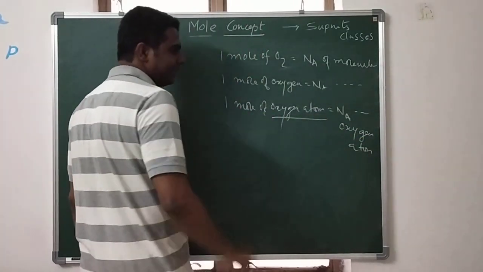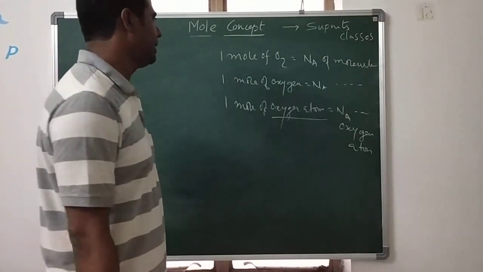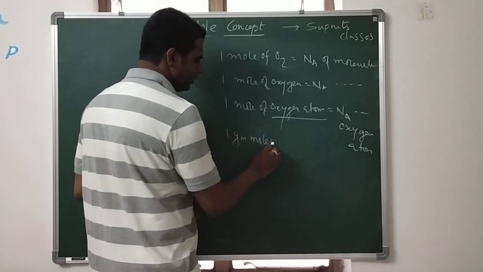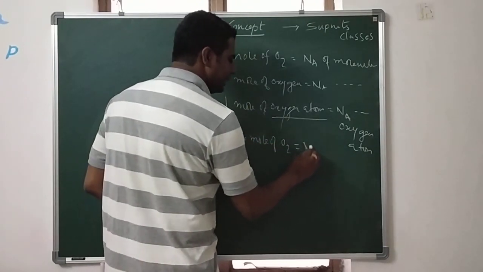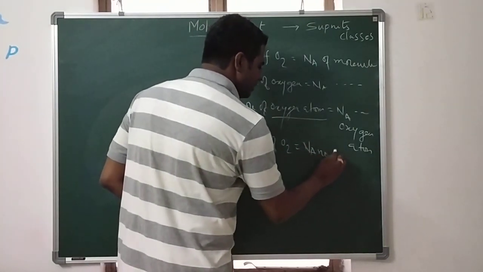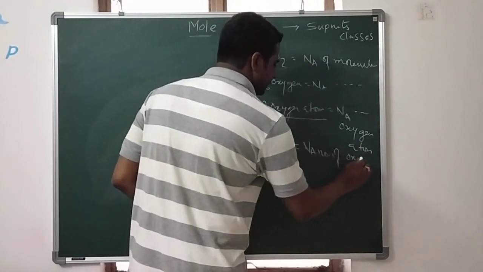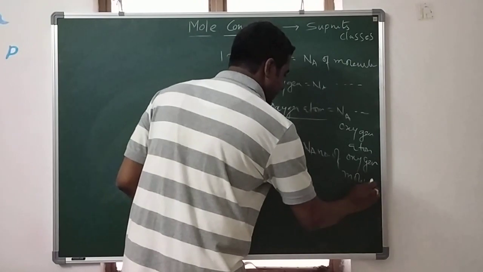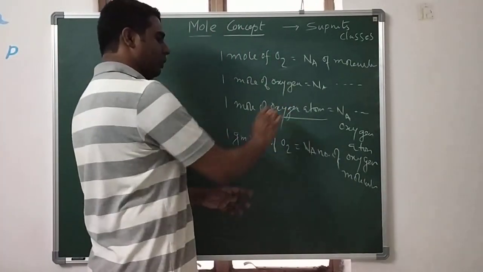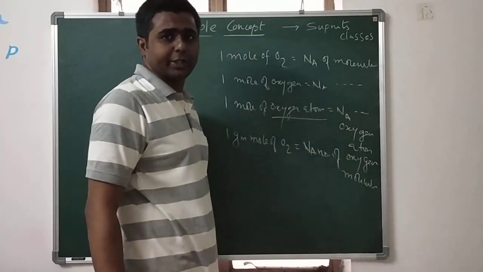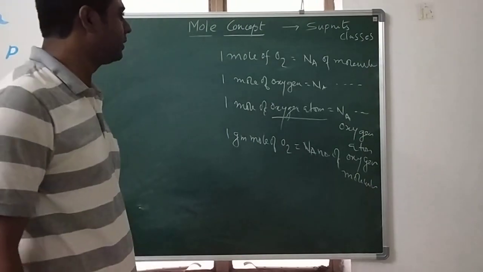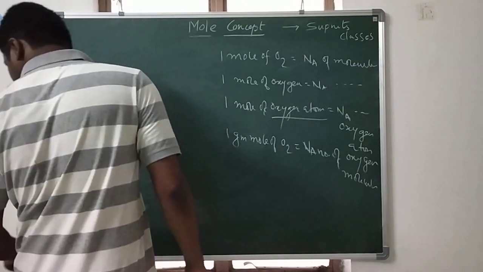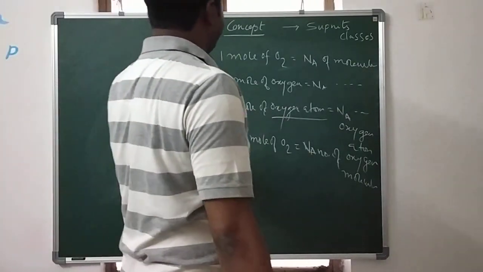If somebody says you 1 gram mole of oxygen, then also it is Na number of oxygen molecules. ठीक है? If it is said oxygen atom, then you will take Na number of oxygen atoms. Na means 6.023 into 10 to the power 23. Okay? So let us directly go into some problems right now.